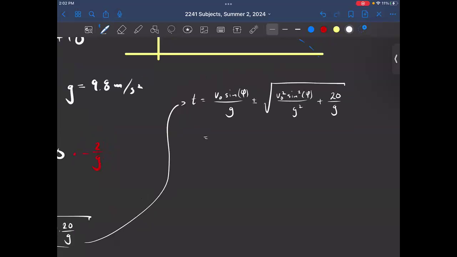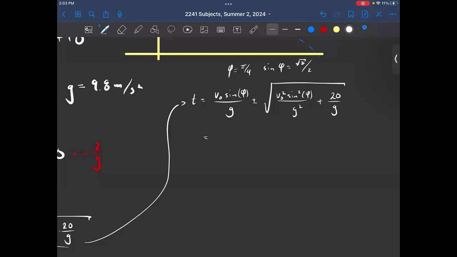Let's see, okay, maybe we can start plugging in for sine. So if phi equals pi over 4, sine of phi equals square root of 2 divided by 2.